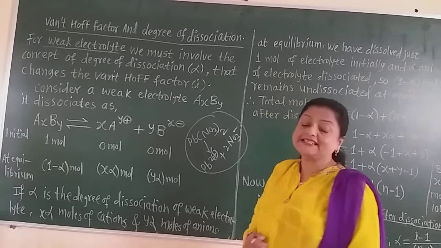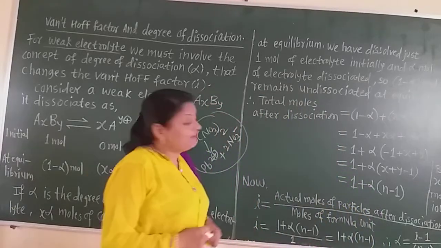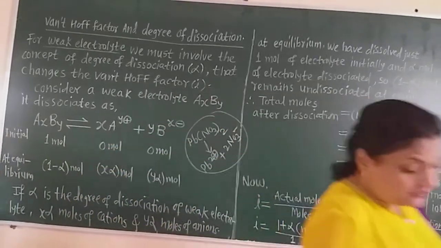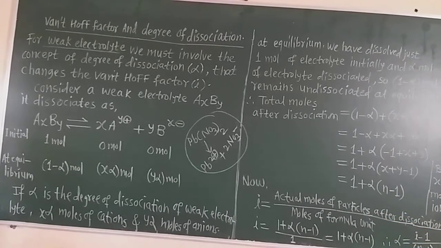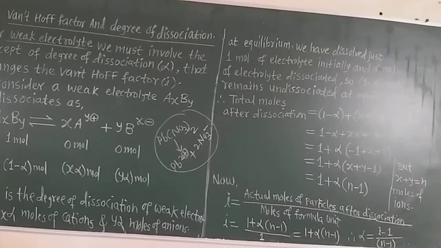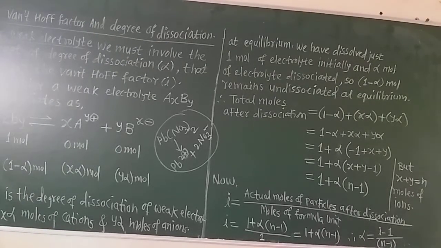Now, if alpha is the degree of dissociation of the weak electrolyte, then X alpha moles of cations and Y alpha moles of anions are present at equilibrium.